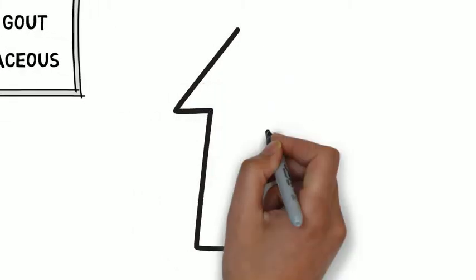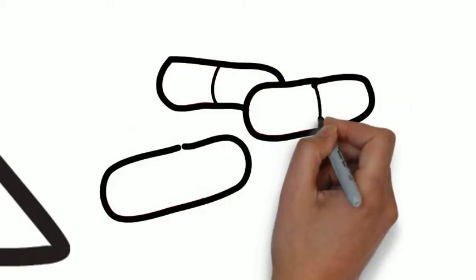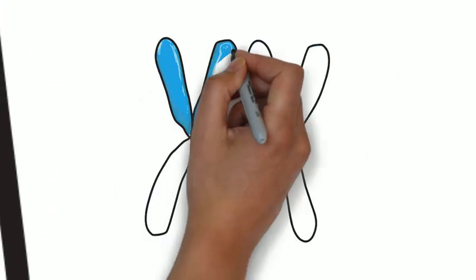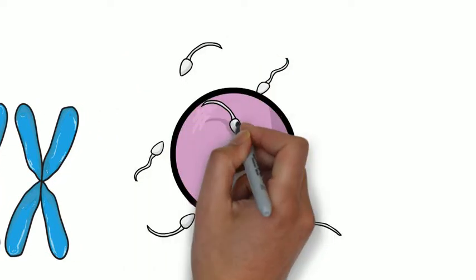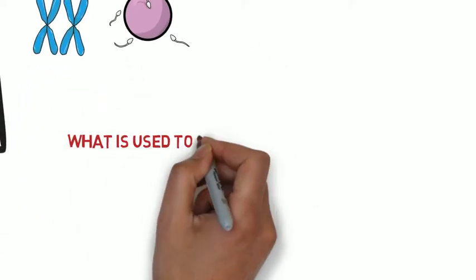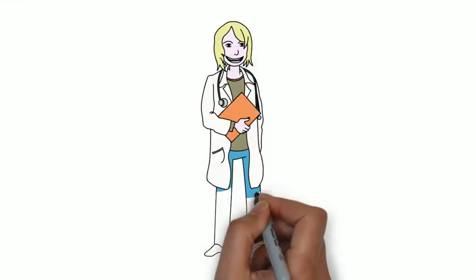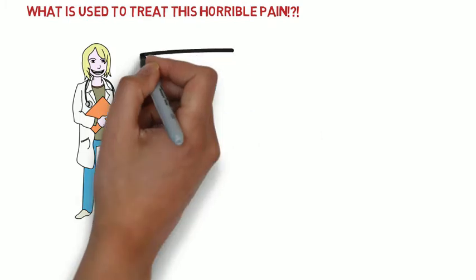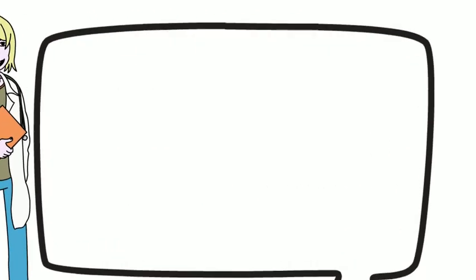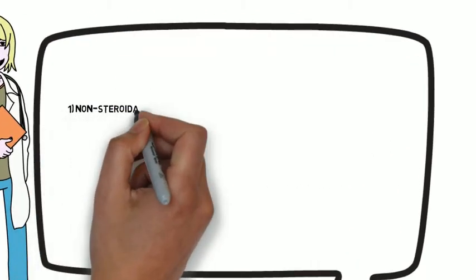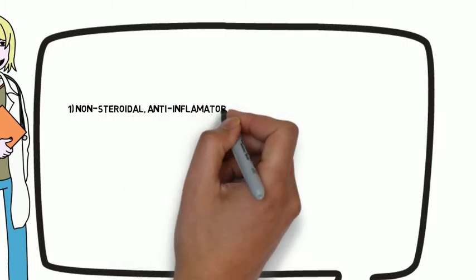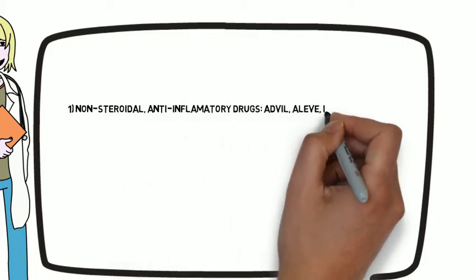Now, there are risks that increase the chance of developing gout, such as certain medications, genetics, sex, and chronic diseases. So, what do we do to treat this? Well, there are multiple medications that can be prescribed, such as non-steroidal anti-inflammatory drugs like Advil, Aleve, Indocin, or Celebrex.